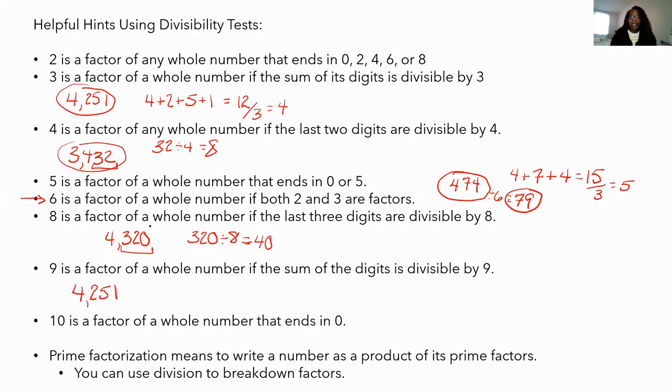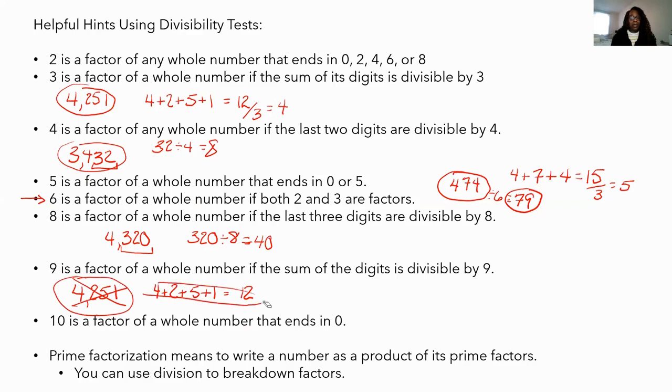And we said when we did through problem 3, if we add 4 plus 2 plus 5 plus 1, that gave me an answer of 12. Now, that works because 12 is divisible by 3. But will the 12 work for the 9? It won't work for the 9. So that means this number is not divisible by 9 at all.